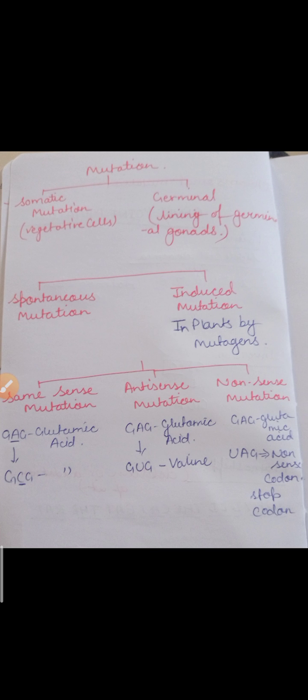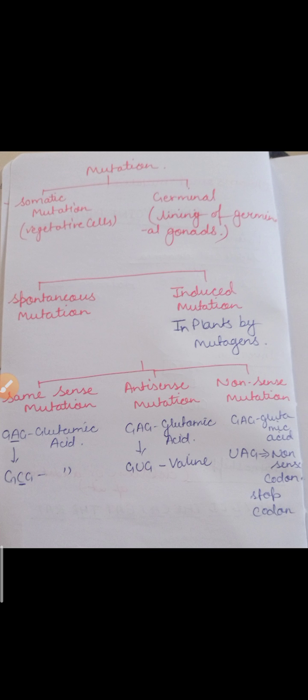Now another category of classification of mutation is same sense mutation, anti-sense mutation or non-sense mutation. One example, GAG codes for glutamic acid. Clear? If you remember, we had made genetic code AUG, UGG, UGC, such type. In this triplet form of genetic code, GAG codes for glutamic acid.